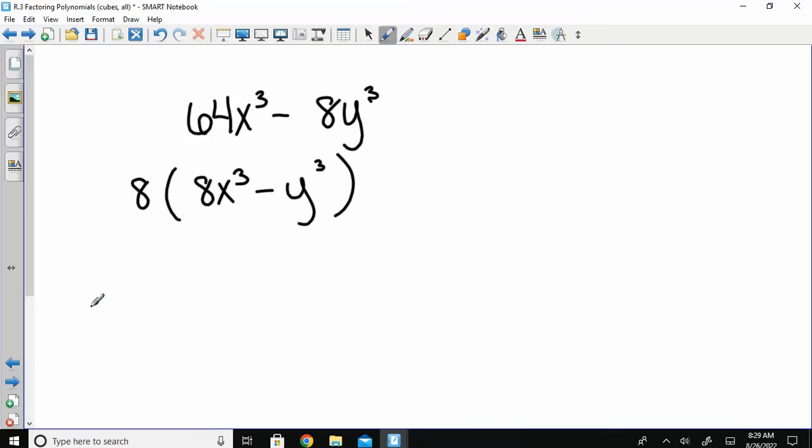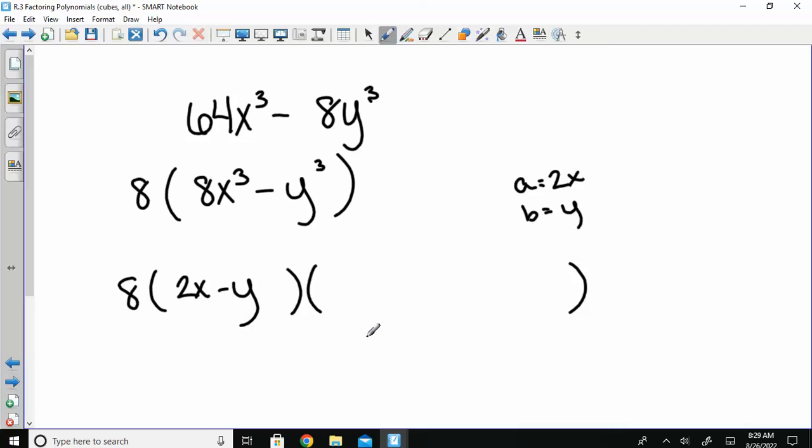So my 8 is just going to trail along. What is the a in this problem? 2x. Right, it's saying what cube gives us 8x cubed, so that's 2x. What's my b? y. So the 8 just comes down. Which formula am I using? Difference. So that goes to a minus b. So 2x minus y, times a squared 4x squared, plus ab 2xy, plus b squared, y squared.